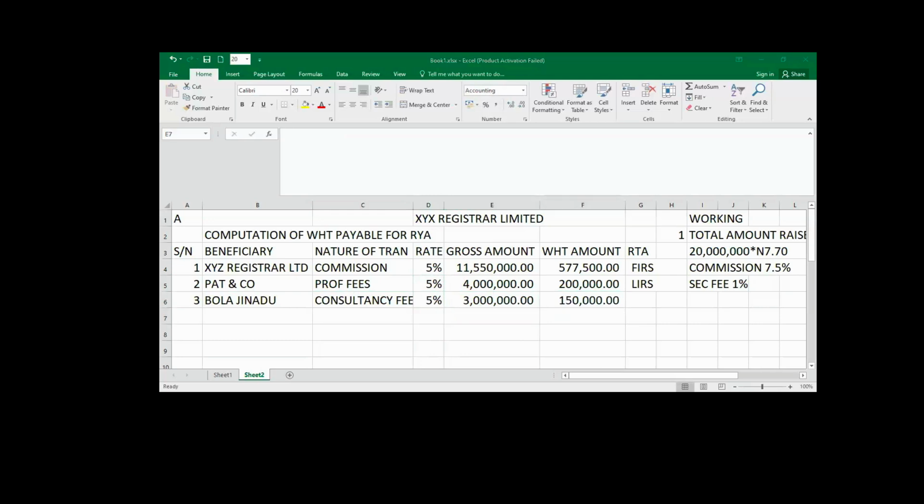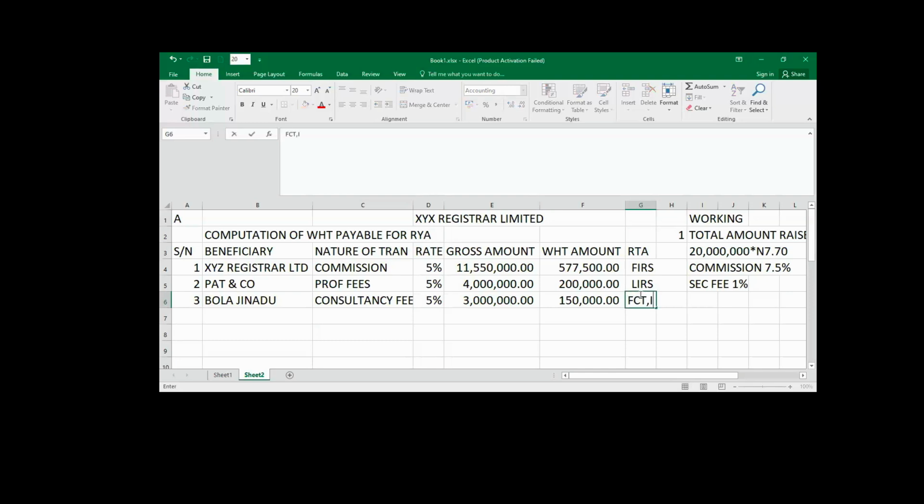Abuja, FCT Abuja. So what will be the relevant tax authority for Bola Jinodu? Is it FIRS, or is it FCT IRS?